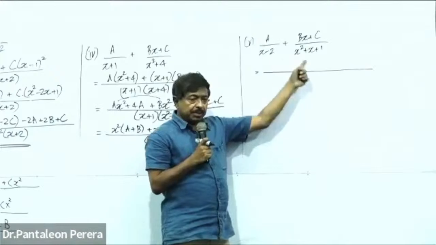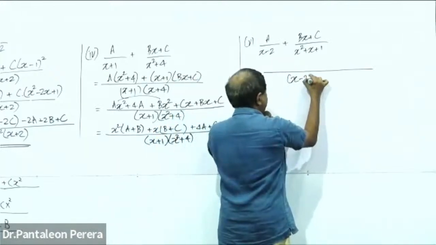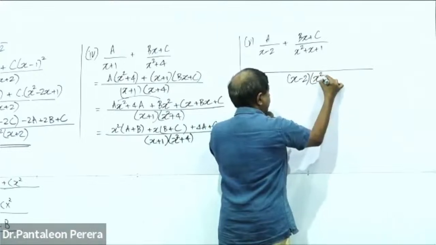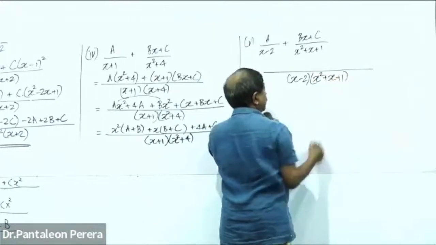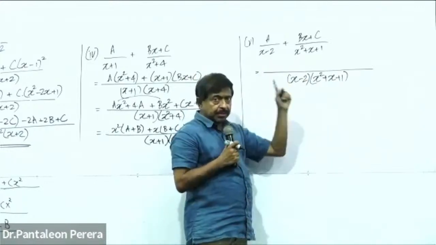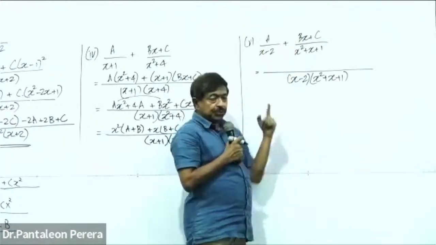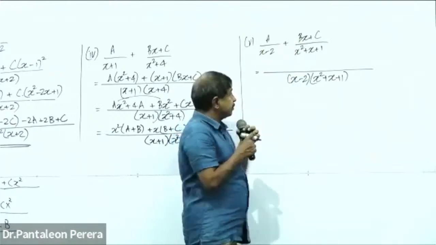You can just multiply these two. Now, since the downstairs has been obtained by multiplying these two downstairs, just by crisscross multiplication, you can get the upstairs.